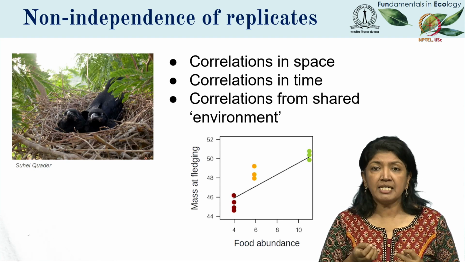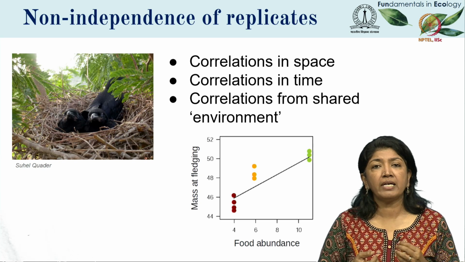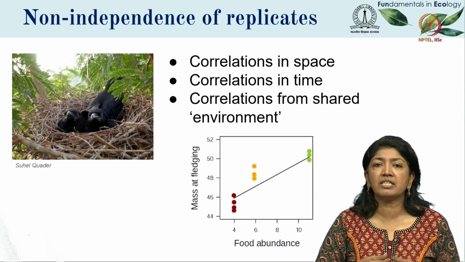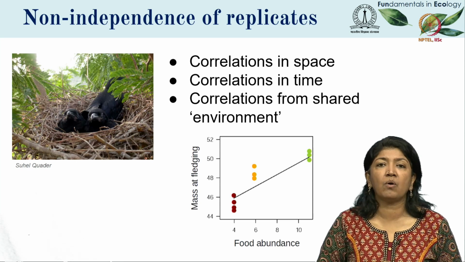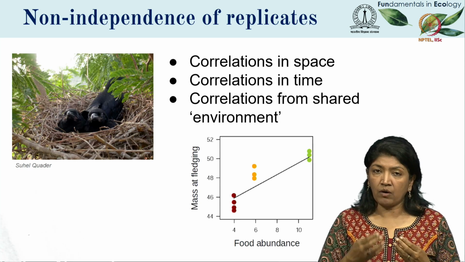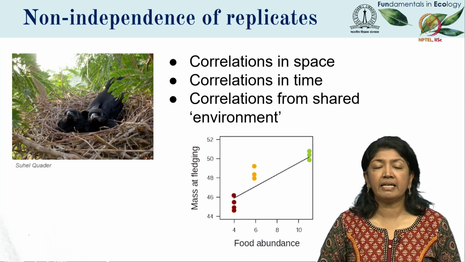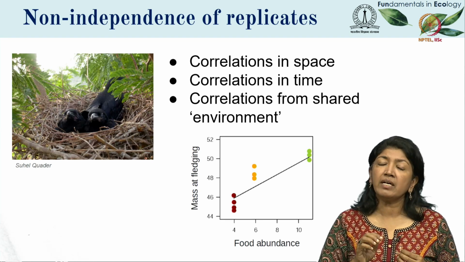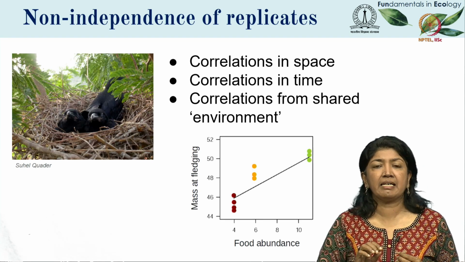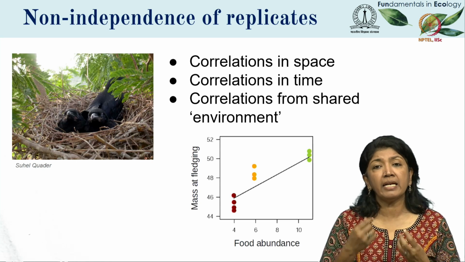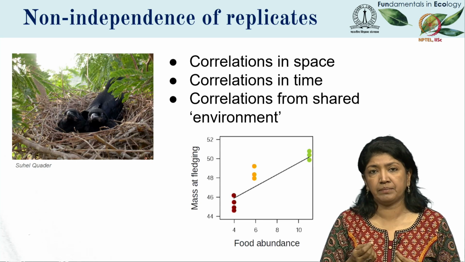If we measure these potential sources of non-independence, for example, for spatial correlations, if we get GPS locations, spatial coordinates, we record dates and times, we record nest identities, these can be incorporated in statistical methods. The important thing is to be aware of them and incorporate them into design.